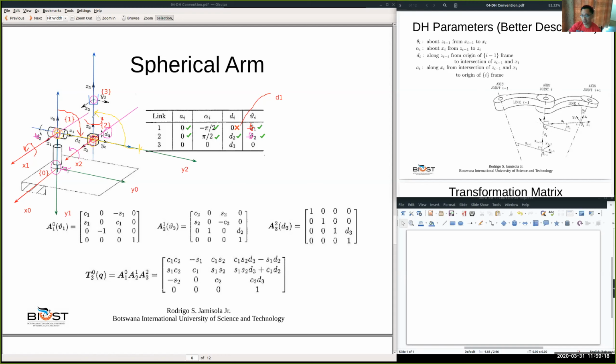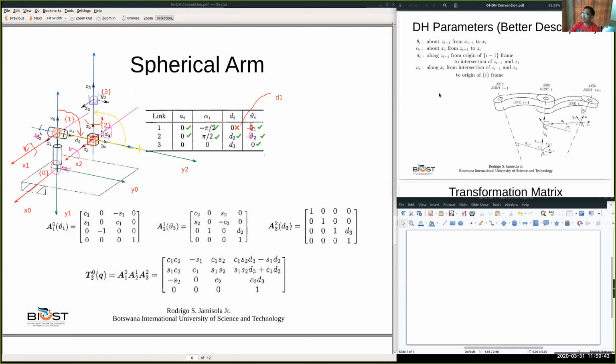But in this case, there's none, so that is 0. Theta 3 is a constant at this time, not a variable. So now we finish. Theta is 0 because X2 and X3 are parallel.